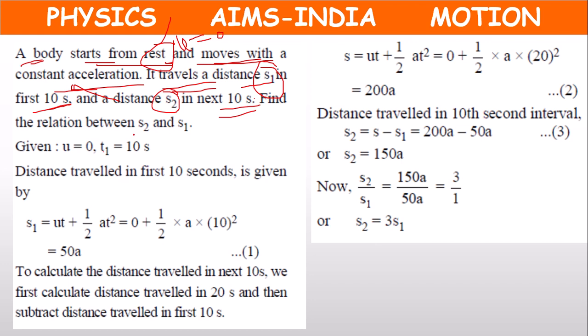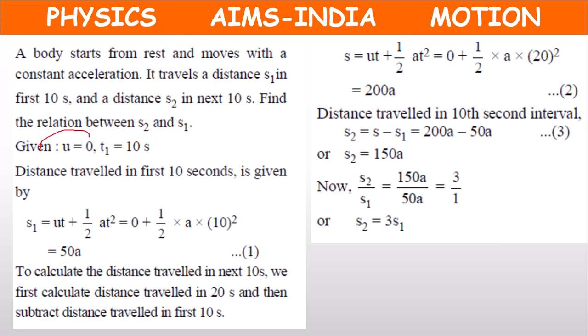Find the relation between S2 and S1. Here, initial velocity is 0 and time interval, first 10 seconds, T1 is 10 seconds given, and T2 also 10 seconds.